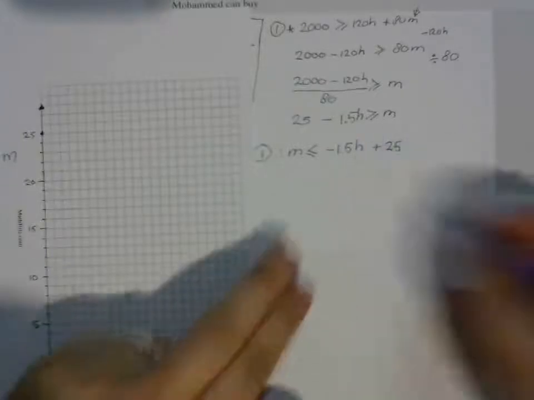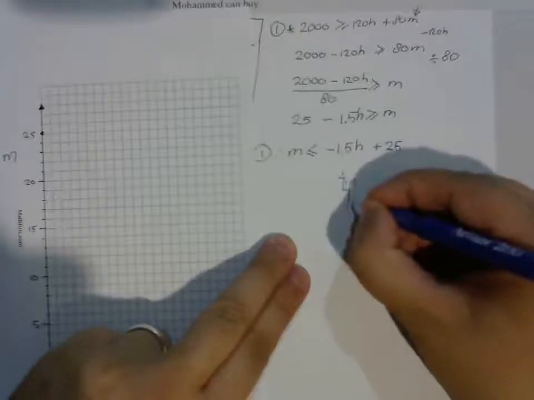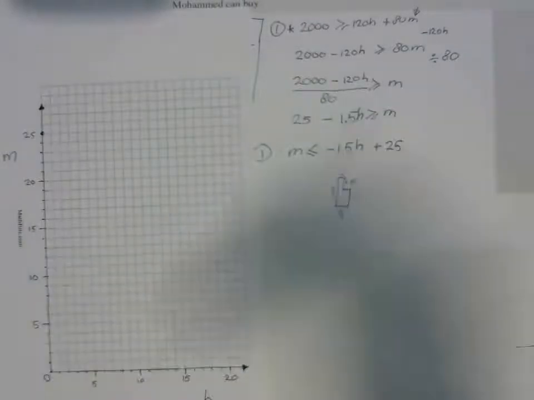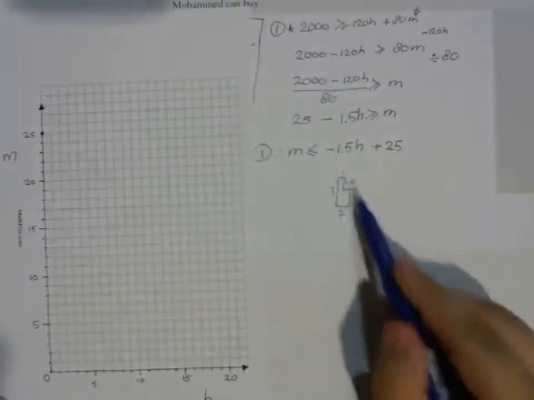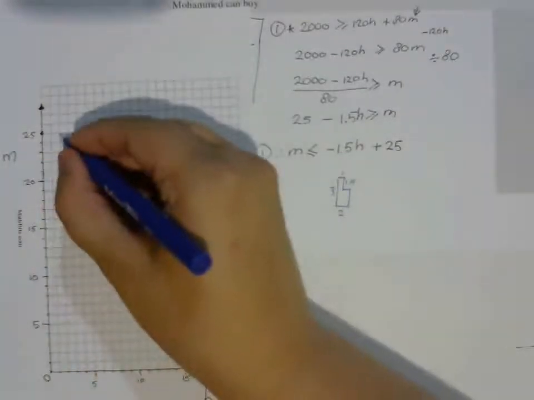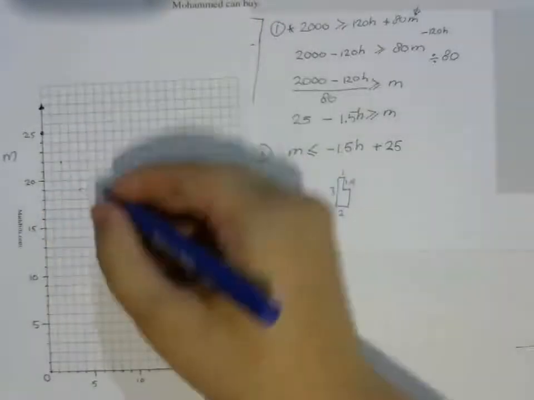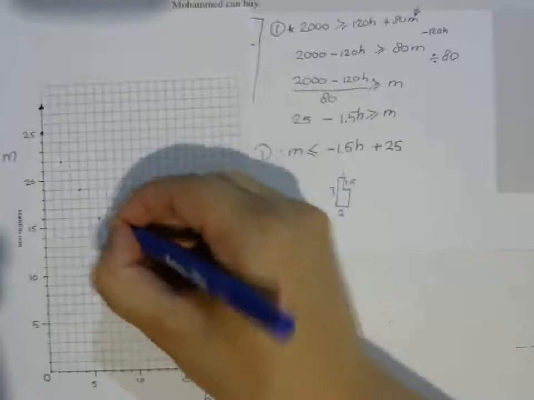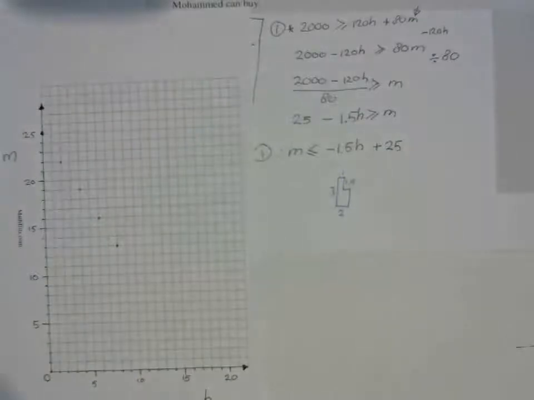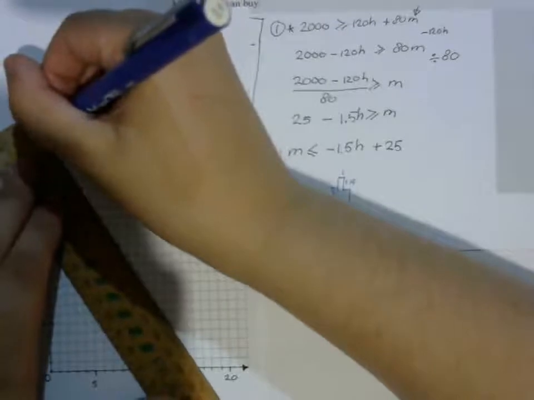And if I do that twice, I will have gone across 2 steps and gone down 3. So I can do 2 steps at the same time, and it just makes it easier to draw this on my graph. So if I go across 2, 1, 2, 3, across 2, 1, 2, 3, and so on, that's enough dots for me to then grab my ruler and draw that line.